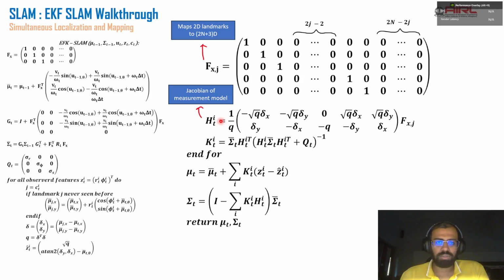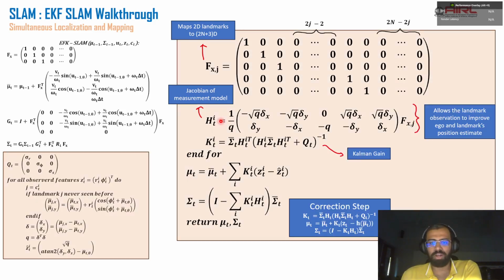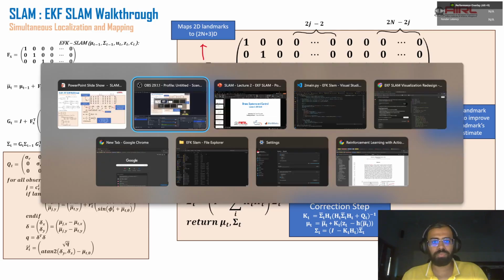So I do this, I find the new landmark in that 2N plus 3 dimensional state, and then I will update it using the Kalman gain which I calculate, and then update that using the correction step. All that is good. So now we have a prediction step and a correction step. Now things work out the way we wanted it to.